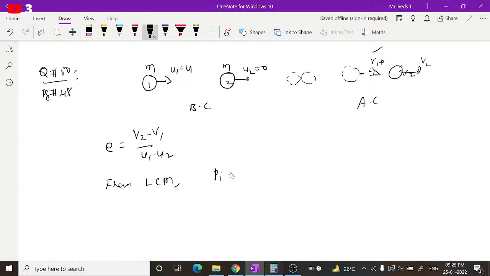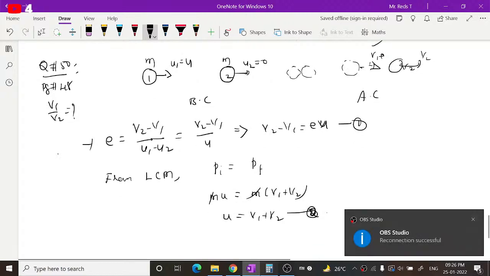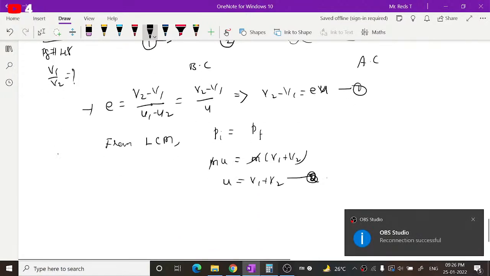Initial momentum is m into u plus 0, and final momentum is m v1 plus m v2. Since m is the same, we can write it as m into (v1 plus v2), so m gets cancelled and u is equal to v1 plus v2. What is the question? You should find v1 and v2, then you can find the ratio.